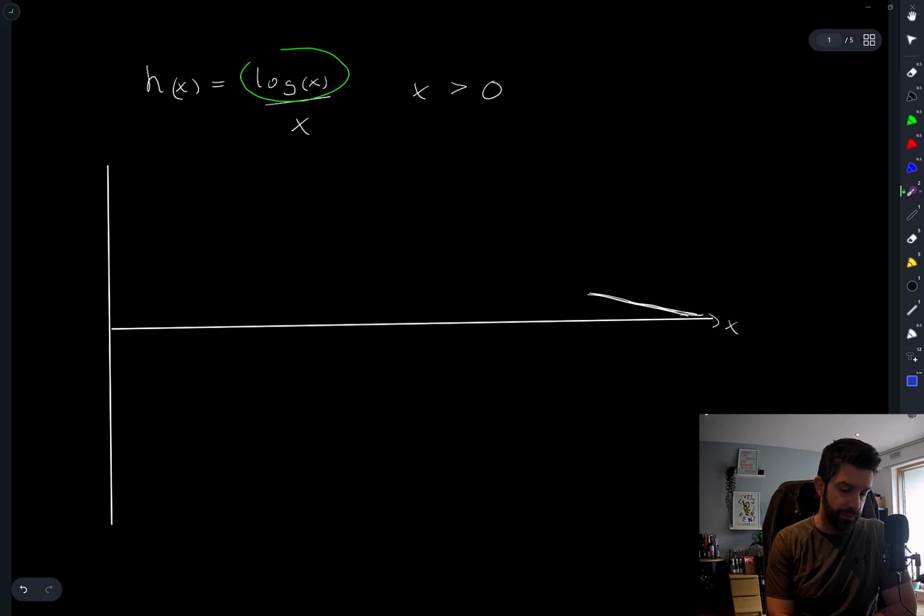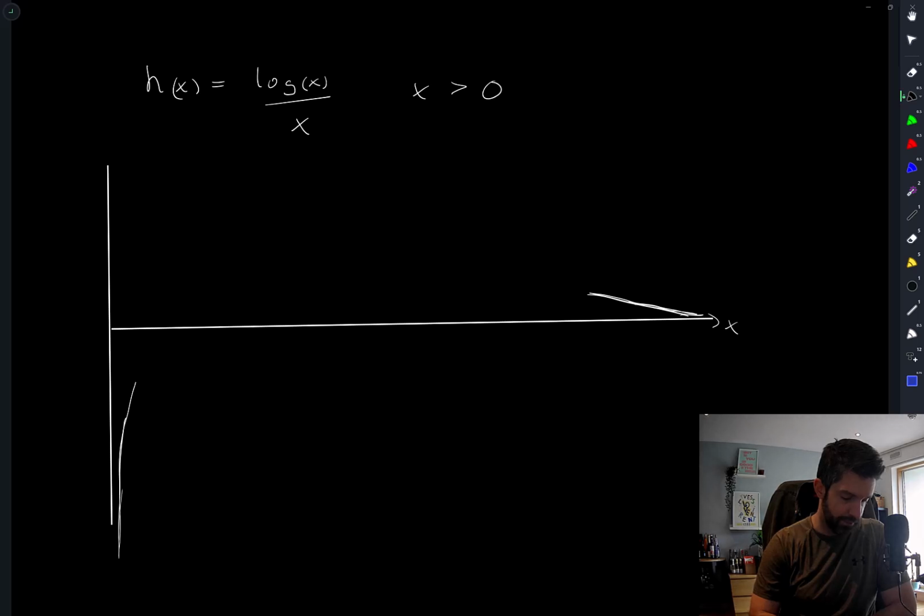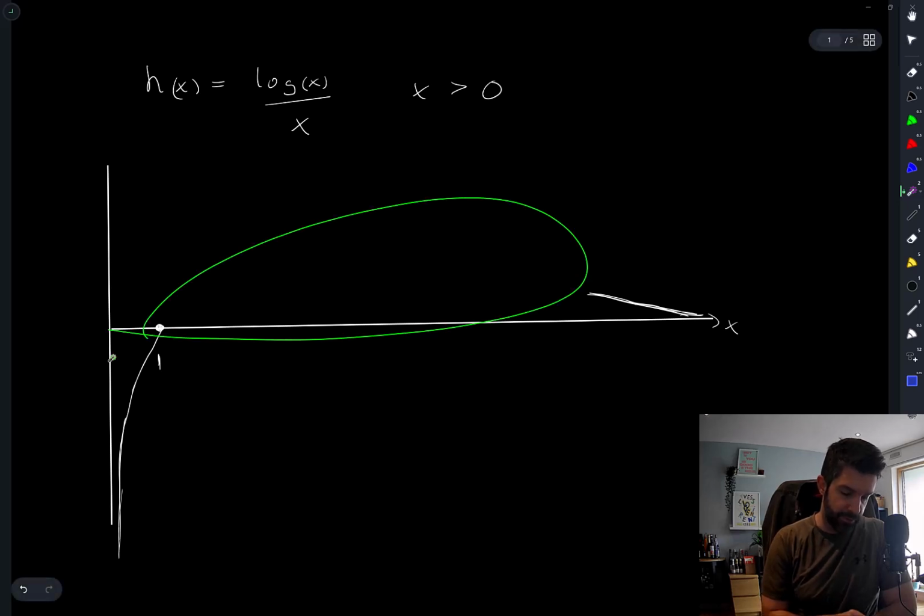This becomes very large but is negative, and so this thing is going to be approaching negative infinity. When x is equal to 1, this thing is equal to 0, so this is at 1.